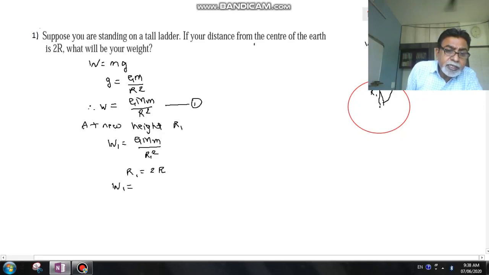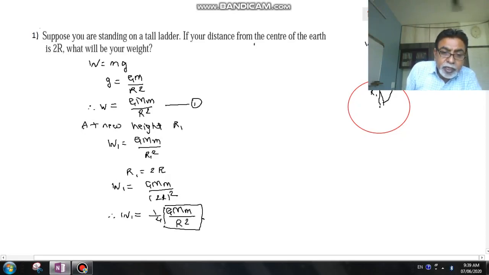We'll get W1 is equal to GMm upon (2r) square, and therefore W1 is equal to 1/4 GMm upon r square. And what is this total term? Look at this. This GMm upon r square, this total term is what from equation 1? W, and therefore W1 is equal to 1/4 W.